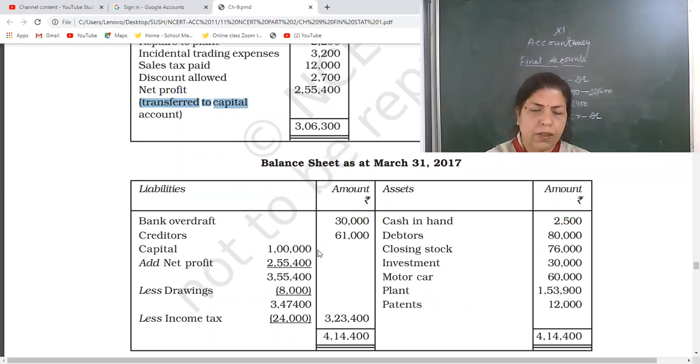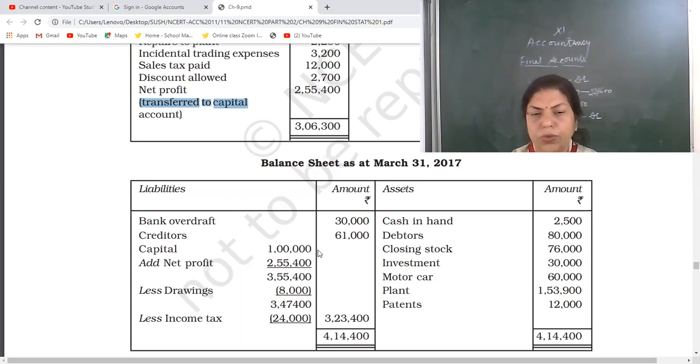Creditors, liabilities. Now see the capital, how we are writing in the inner column, then transferring it to the outer column. Capital 1 lakh, add net profits 2,55,400, less drawings 8,000, less income tax 24,000, all given in the question.